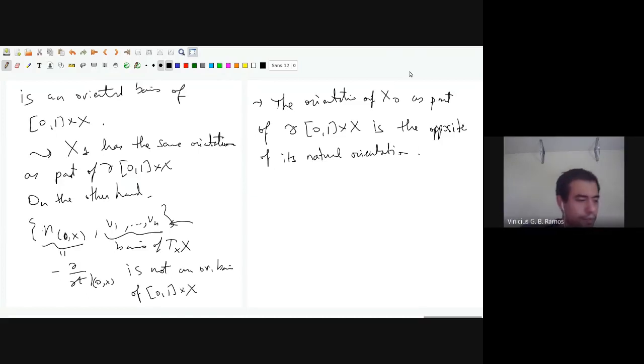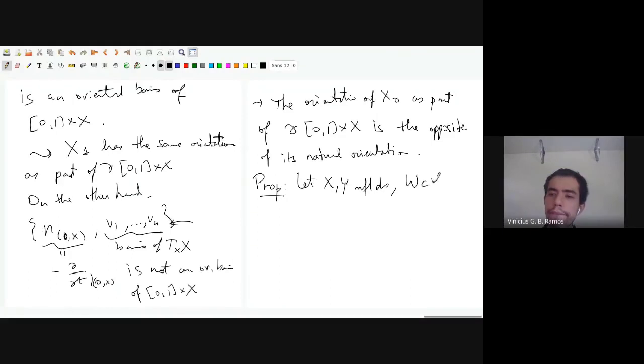Okay, so now let's talk about how the orientation affects transversality. So I guess this is the proposition: let X and Y be manifolds and W a submanifold of Y, such that the boundary of W and the boundary of Y are empty.